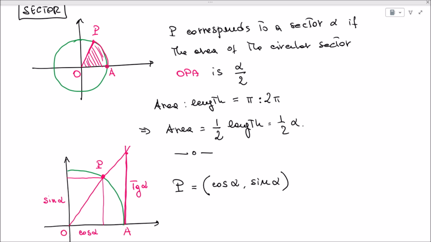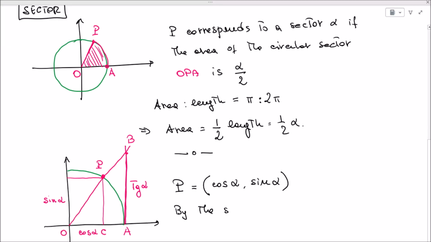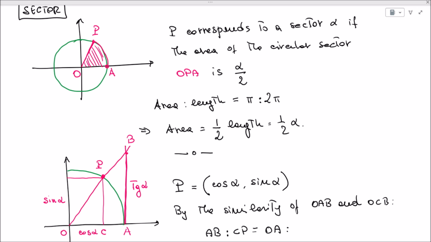If we call this OAB and we call this OCP, by the similarity of the triangles OAB and OCP, what we have is that the ratio of AB and CP is equal to the ratio of OA and OC.